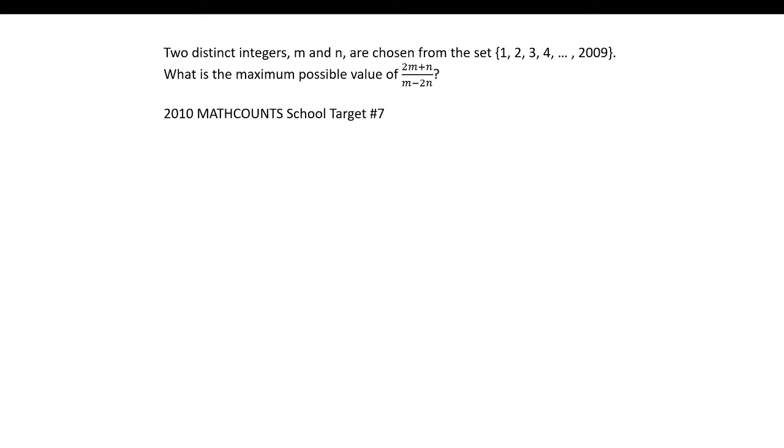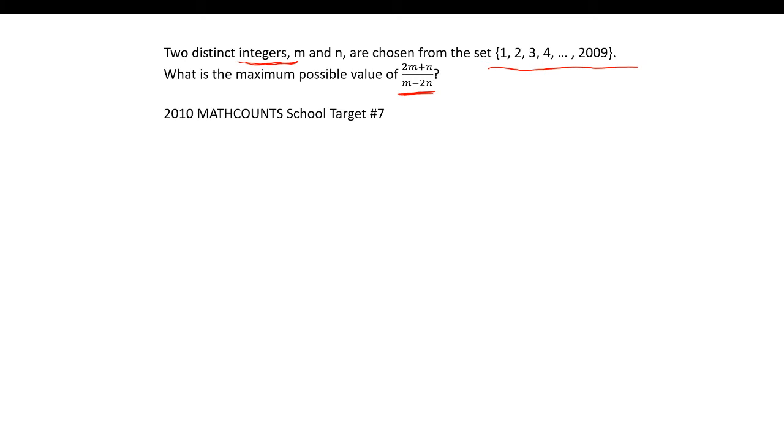We're dealing with integers, so I'm going to underline integers. m and n are chosen from the set 1, 2, 3, 4, 5, all the way to 2009. We're looking for the maximum possible value of this expression: (2m + n) divided by (m - 2n).